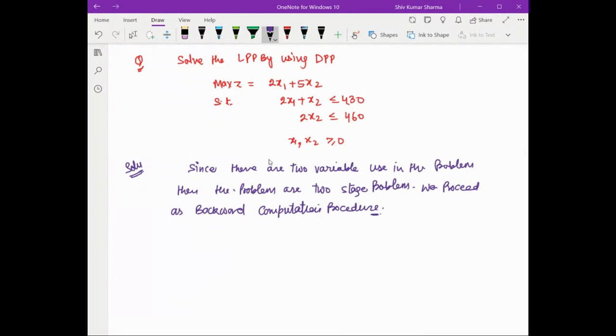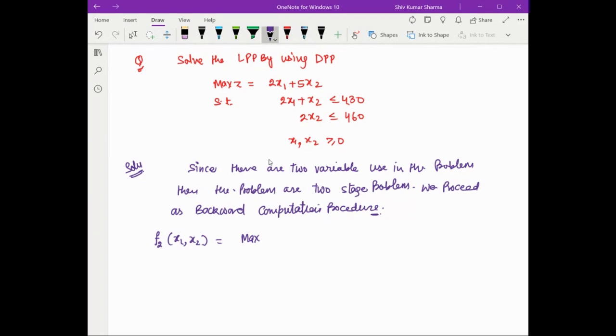So the function we write as f2, because it has two variables. f2 of x1, x2 equal to, we solve for x1. Here we find the x1.